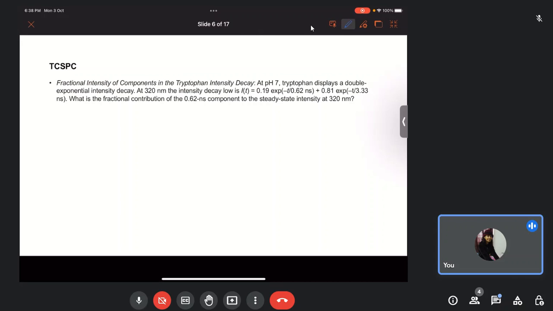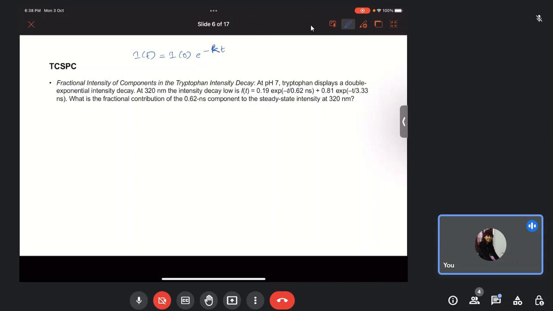At pH 7, the tryptophan displays a double exponential intensity decay. We know that fluorescence intensity decay for a single fluorophore follows a single exponential curve where I of t is equal to I0 e raised to minus kt.